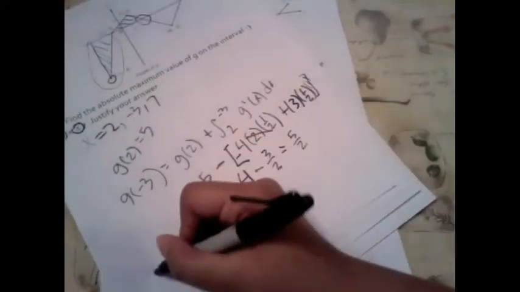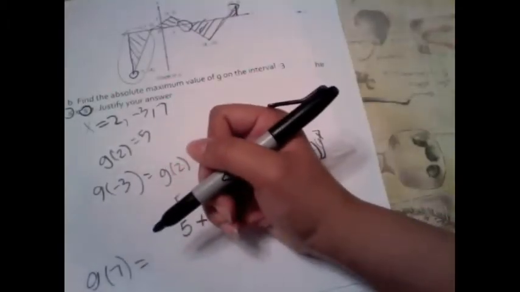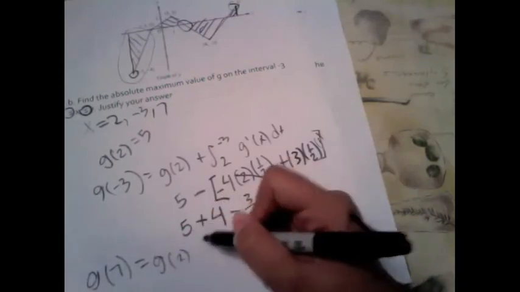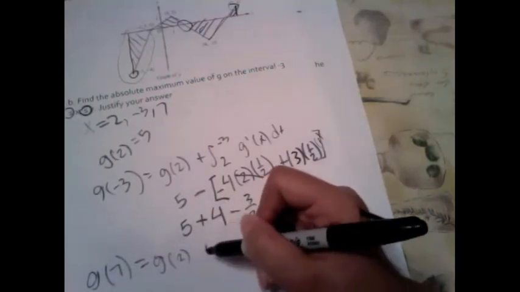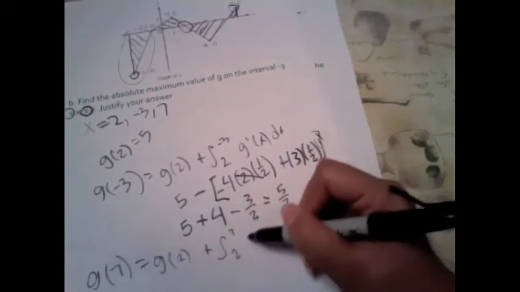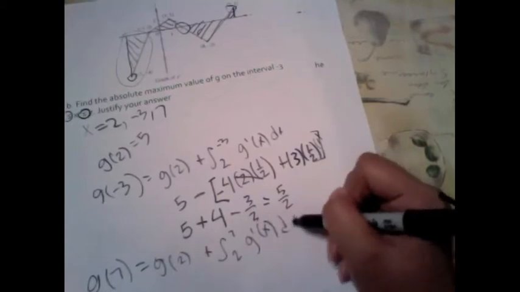So to find g of 7, it's basically the same thing. You use this area to find it, which would equal g of 2 plus the integral from 7 to 2 of g prime of x dx.